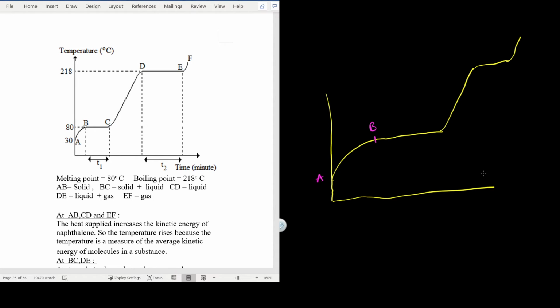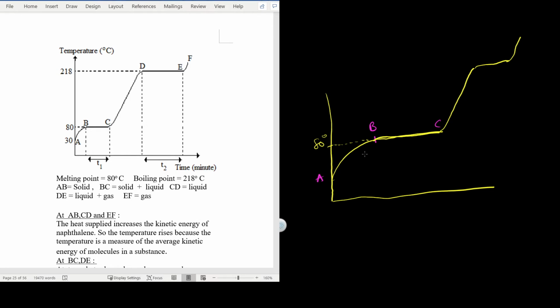Remember we have the melting point. Here is the horizontal line, meaning the temperature remains constant at 80 degrees from B to C. From A to B, there is a change in temperature, the change in temperature is not equal to zero. That means the temperature rises throughout the process, so we cannot say that this is the melting point.